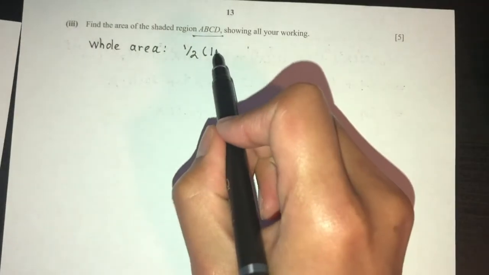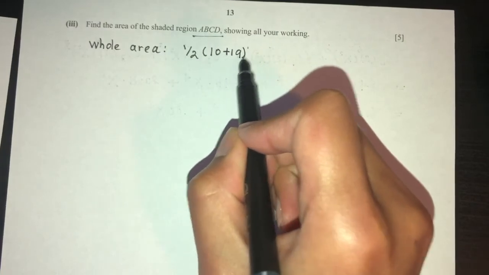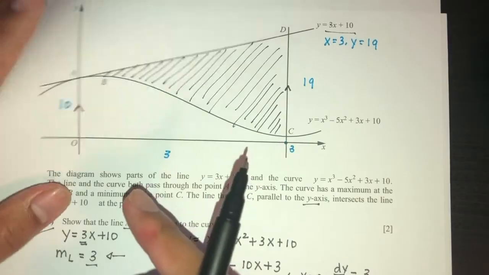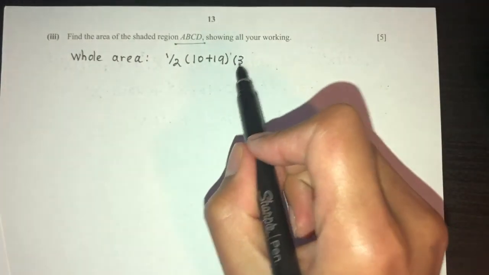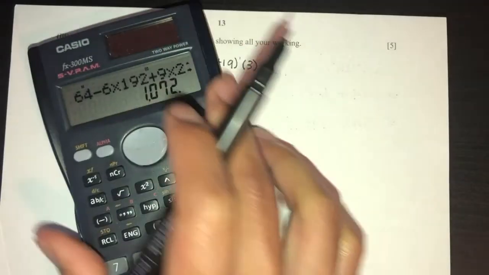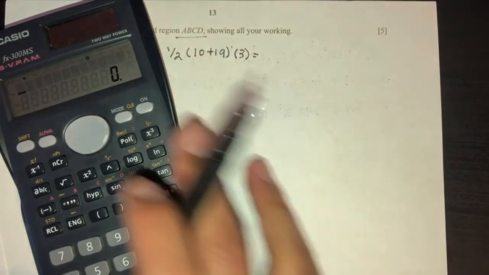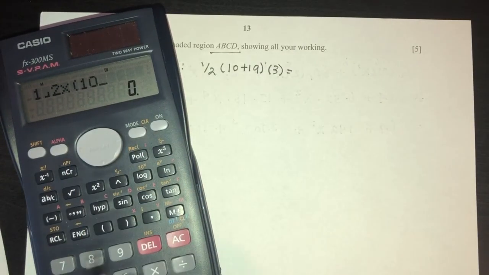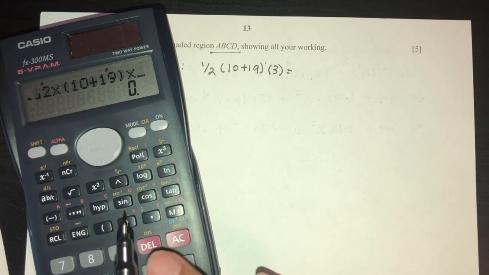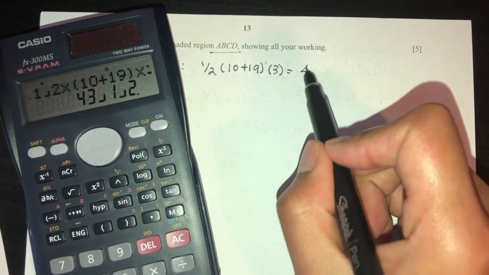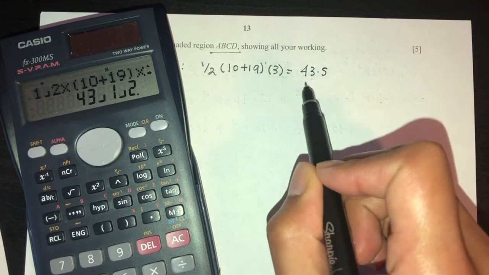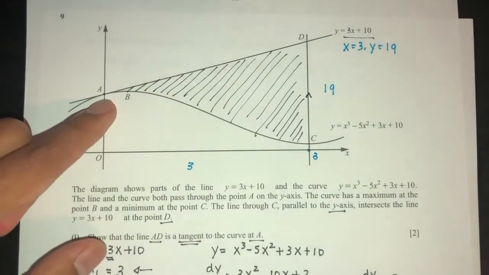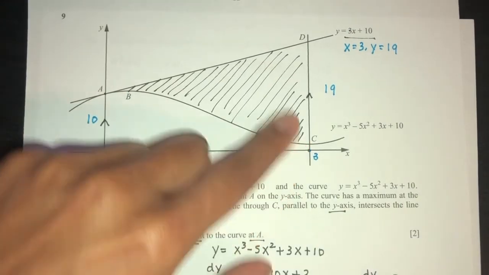So 10 plus 19, times the height in between, which is 3. This is the area of the trapezium, which is the whole area above the curve. So half times 10 plus 19 times 3. That should give you 43.5.